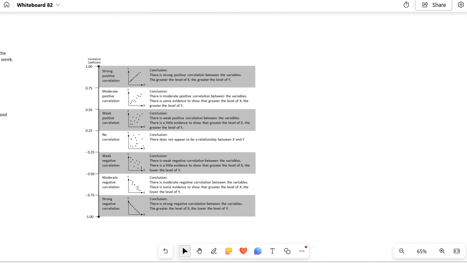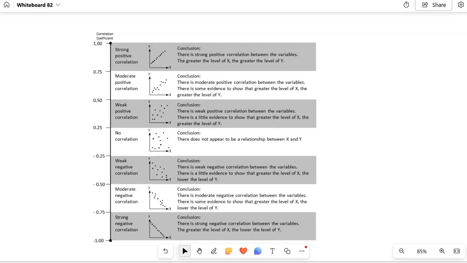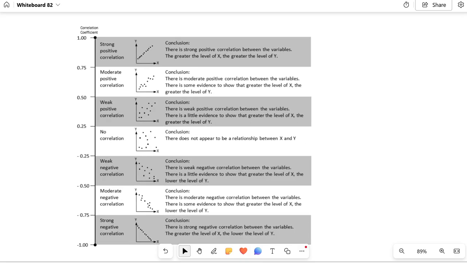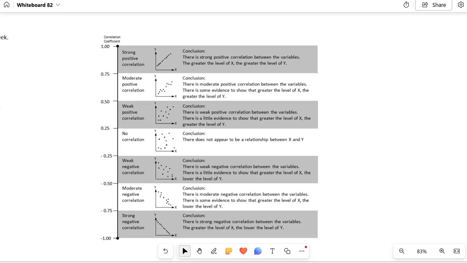In the textbook currently, we have a bit more information. We have the same continuum, going from -1 through to +1, but in a different direction. We also have some sentences which we can follow in terms of writing a sentence to interpret the correlation coefficient.